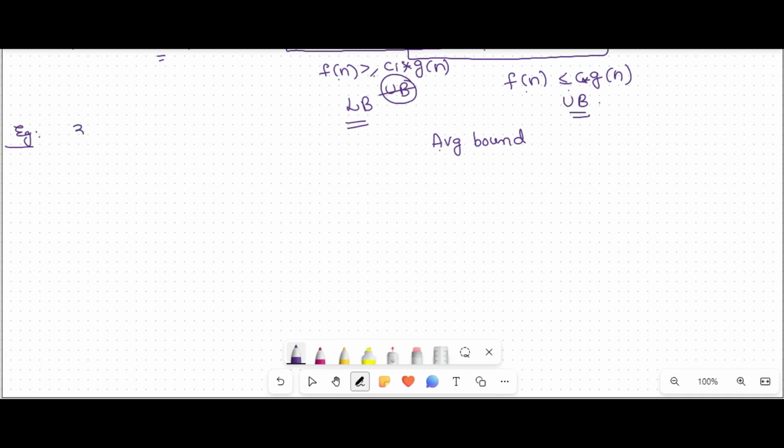For example, 3n plus 2. So f of n is 3n plus 2.